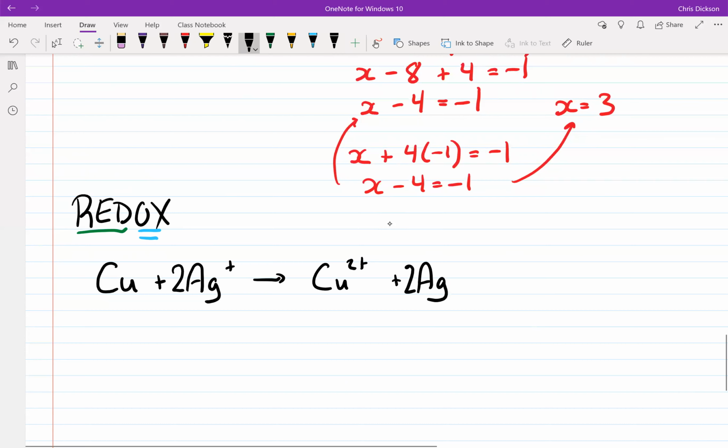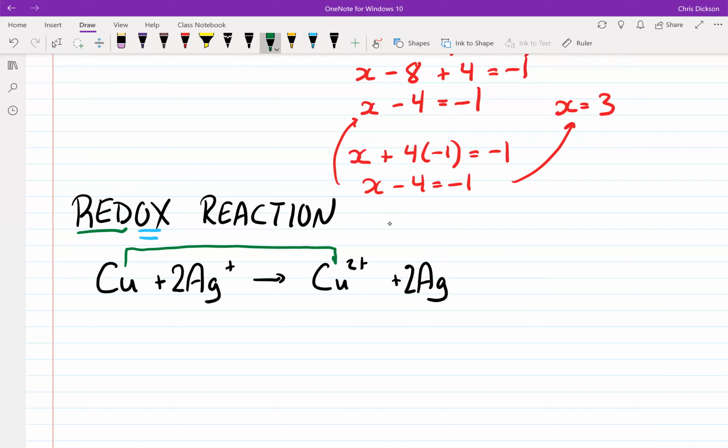So a redox reaction is one in which one species gets reduced and one gets oxidized, which means one species has to be a reducing agent and the other species has to be an oxidizing agent. This question we've already done before, so it's sort of obvious that this is a reduction oxidation reaction. But what you would look for is, first of all, is there a change to charge during the reaction?